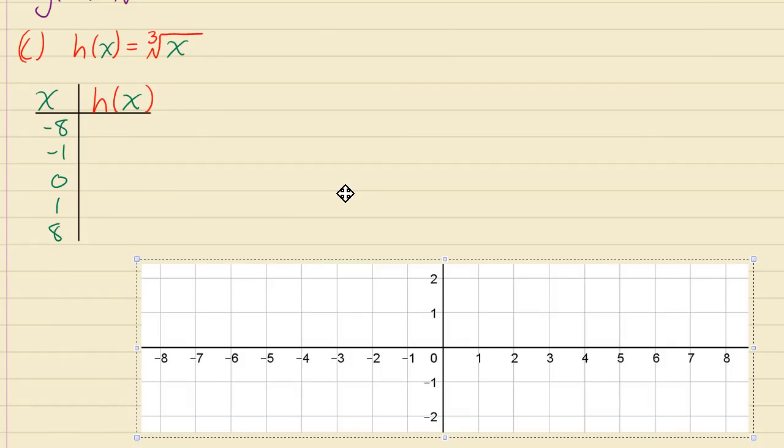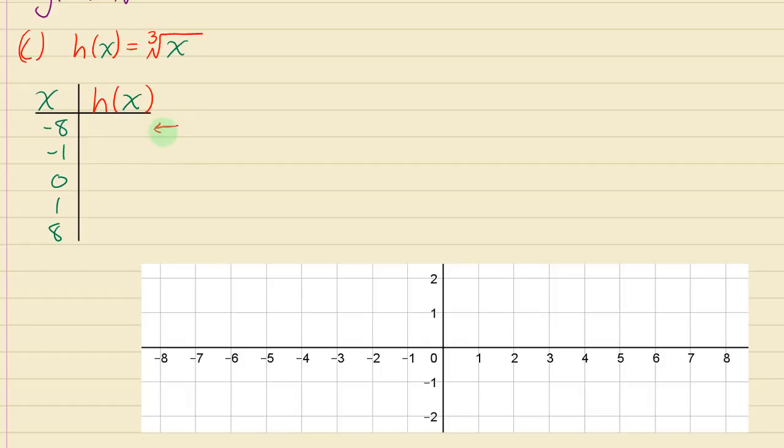All right, here it is, 8 out of 8, the last one of these we need to graph. So I picked some values of x that I know it's easy to take the cube root of. So that's going to be the cube root of -8 here. Comes out to be -2. So that'll be -2.